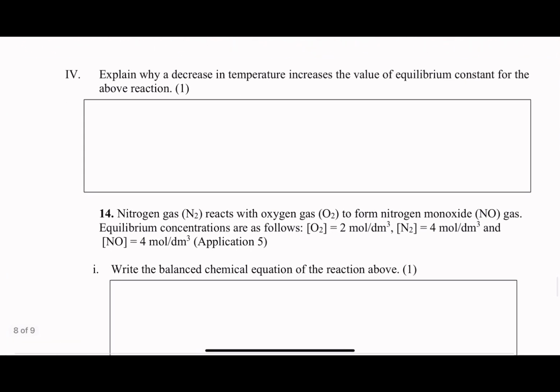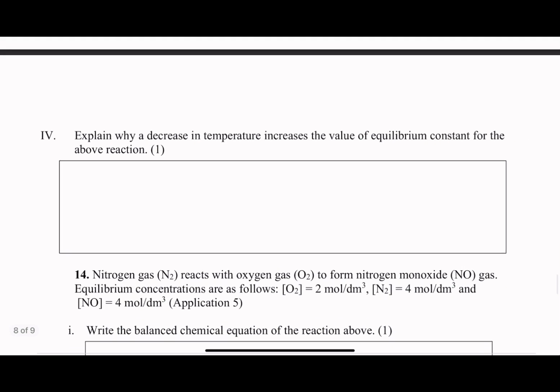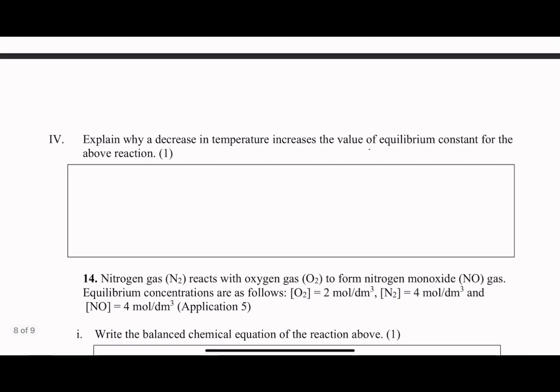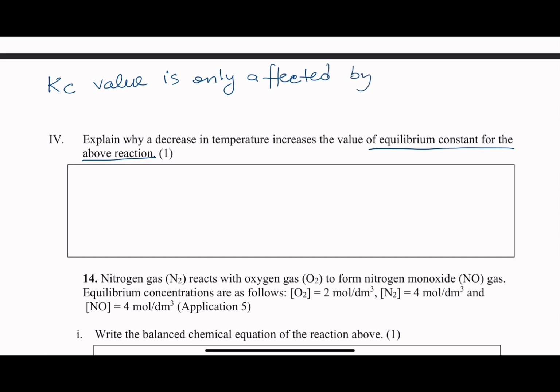Okay, now we move on to the fourth part. Explain why a decrease in temperature increased the value of the equilibrium constant for the reaction above. I told you guys before that Kc value is only affected by temperature.